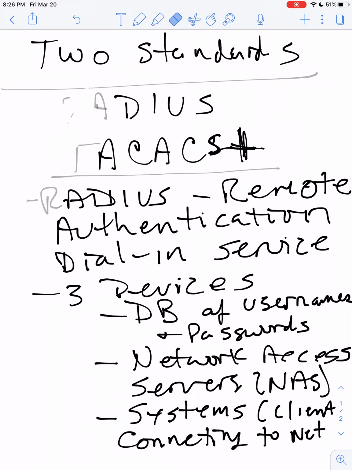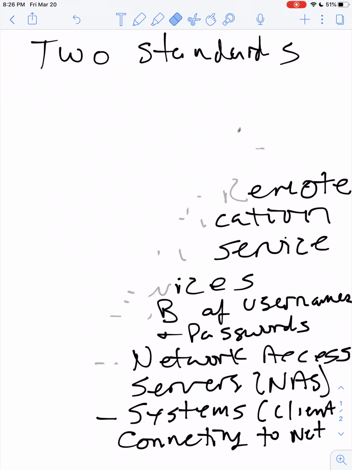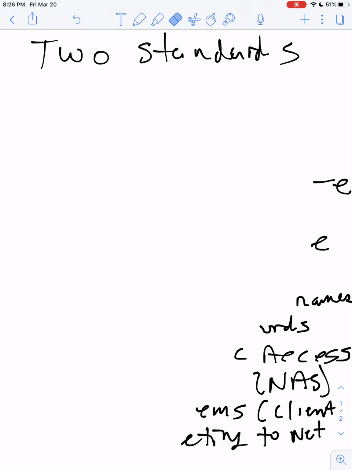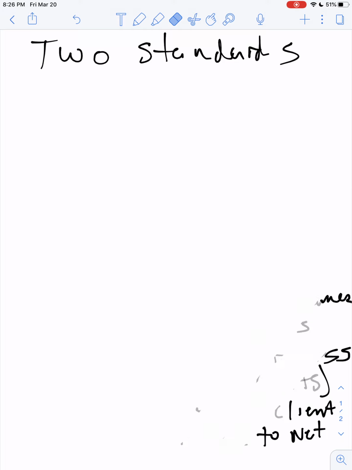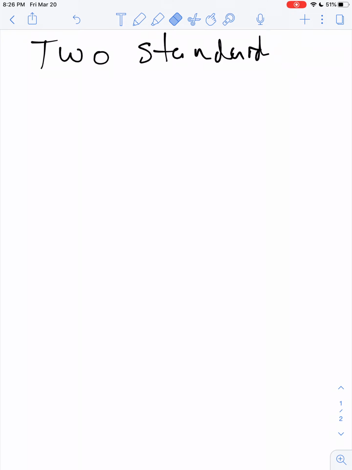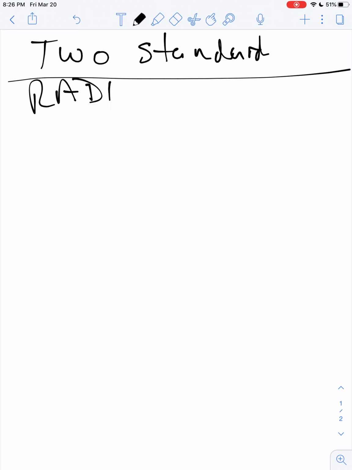Within the Radius family, a couple things you've got to be aware of. The network access server is highly critical, and it is very important that these stay up. So typically, when we have a system running Radius, we usually have multiple network access servers, and it does support multiple network access servers.